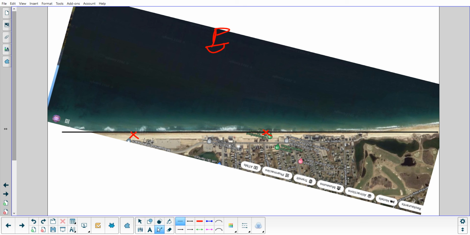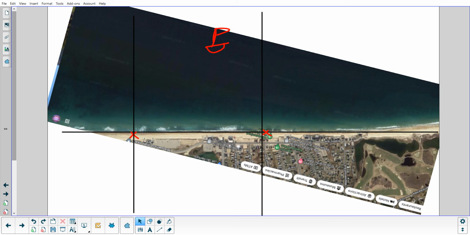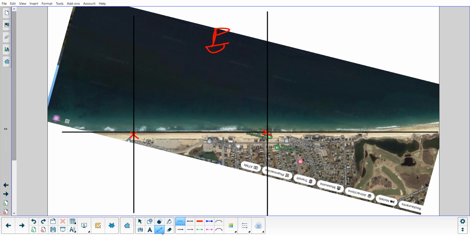Let's put crosshairs at each Coast Guard station so we can measure north-south. I know it's hard to see in the picture, but there's a line that represents north-south, and there's another one. So each Coast Guard station can see the boat.